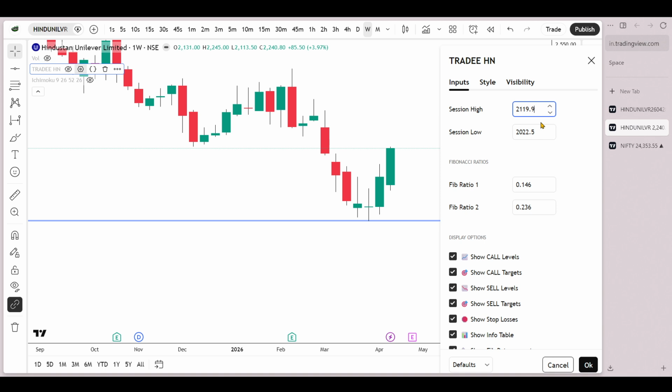Based on that confidence, you can build up by increasing the trades also. That's how we always trade.